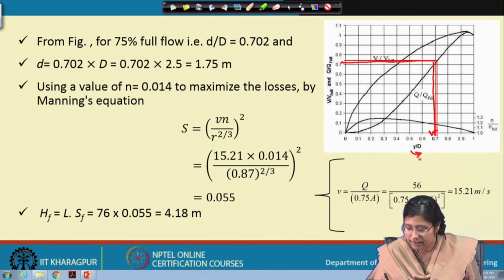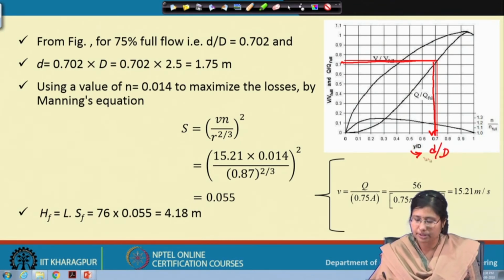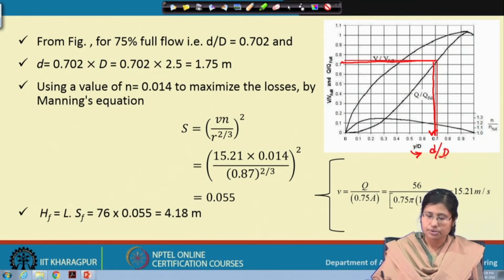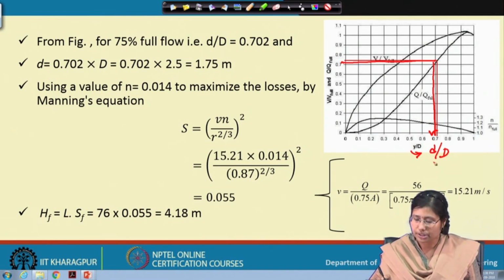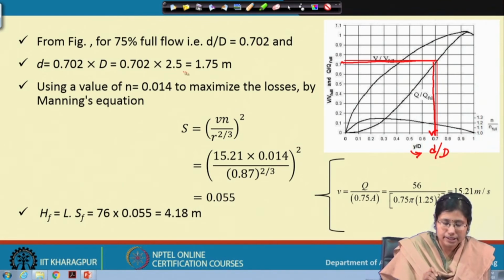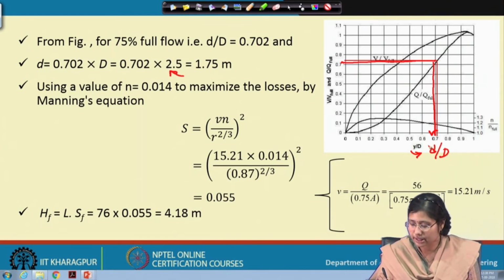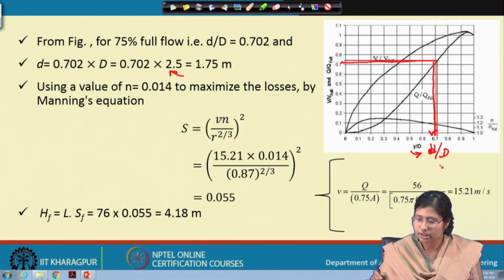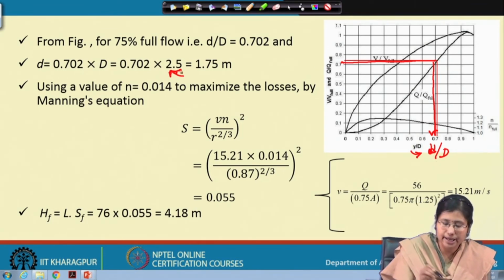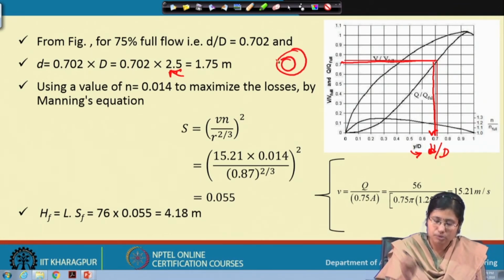This is the diameter at the inlet divided by the diameter at the outlet portion. So, the d by D ratio is around 0.70. The inlet diameter is the bigger diameter and the outlet is the smaller diameter.